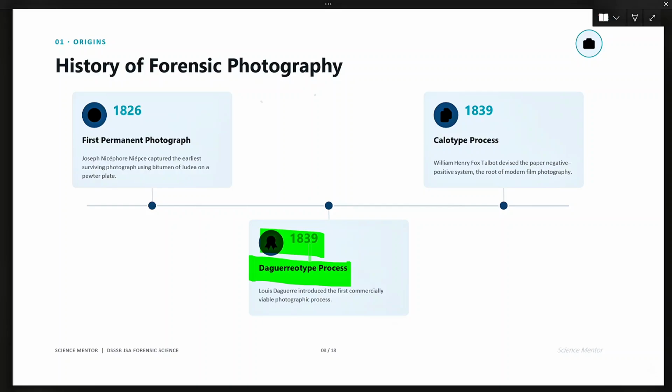Remember this carefully. Niépce demonstrated that permanent photography was possible, and Daguerre improved the technology and introduced the daguerreotype process in 1839. This process produced clear images and made photography more practical. It introduced the first commercially viable photographic process.